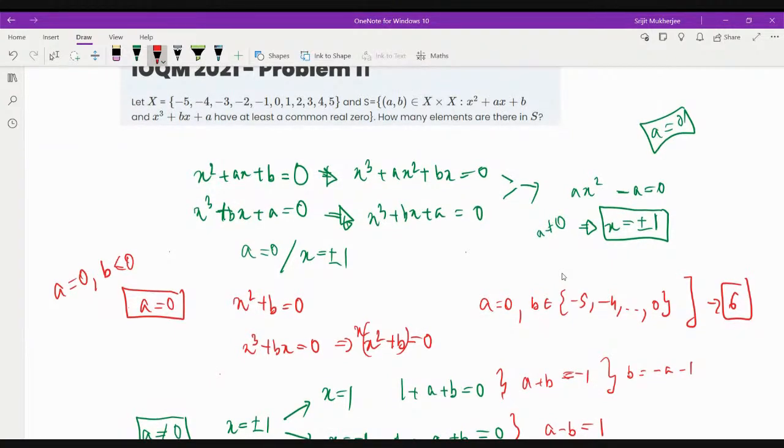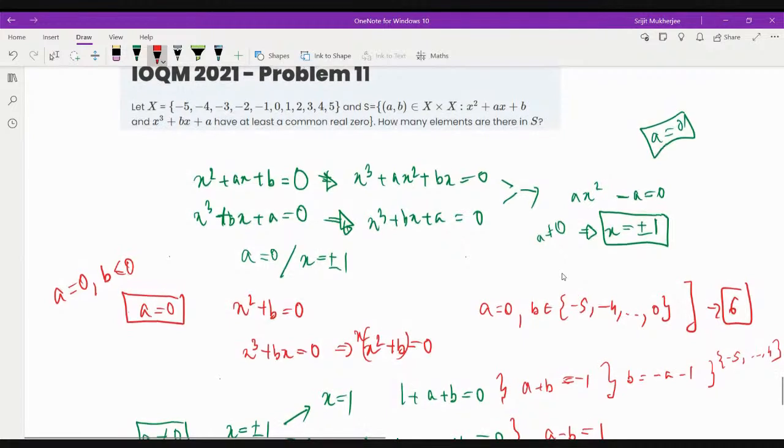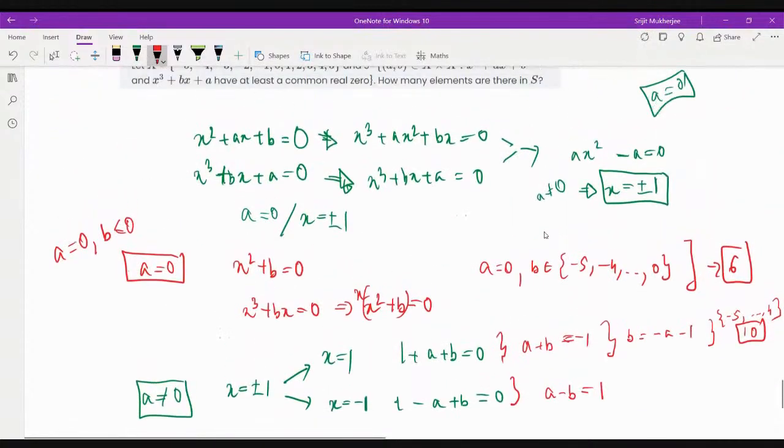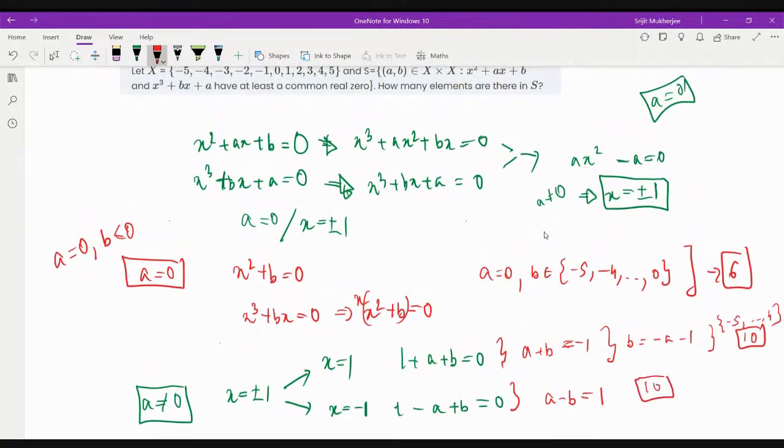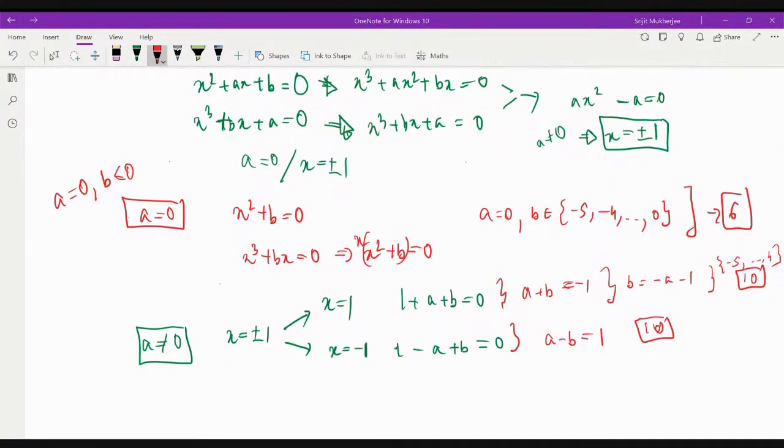So the number of solutions is, from minus 5 to 4 for a, and similarly for b. So we have 10 solutions over here, and similarly for a minus b equal to 1, another 10 solutions. So therefore total 26 solutions, I guess.